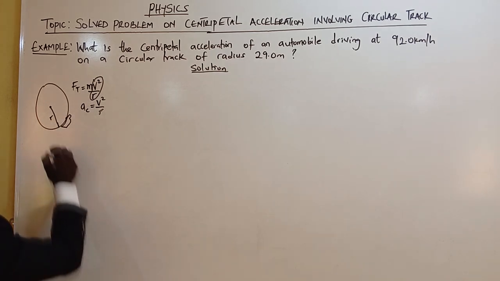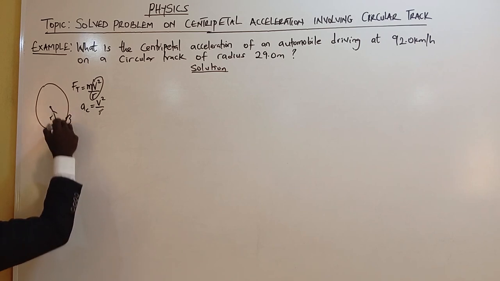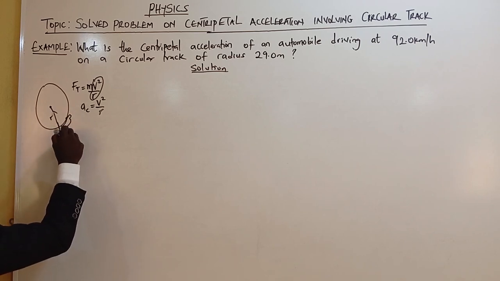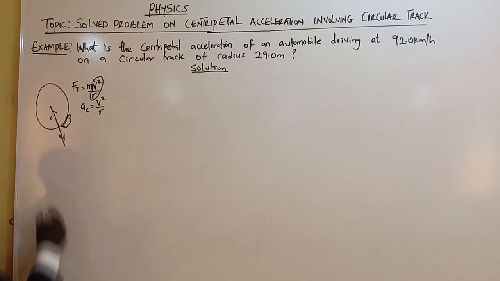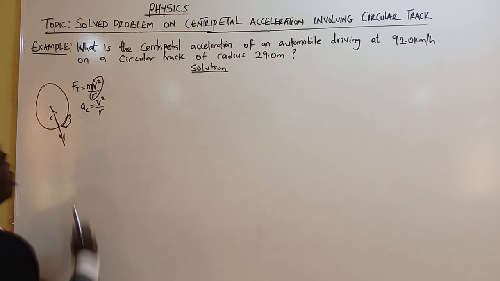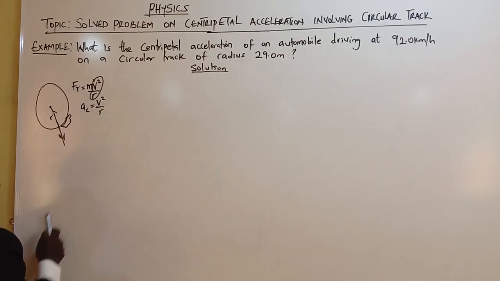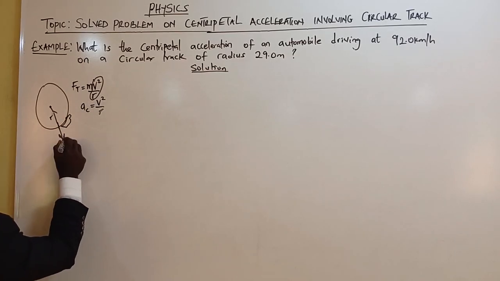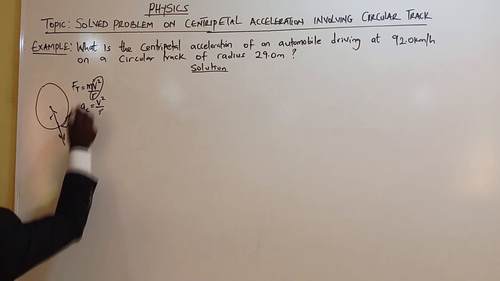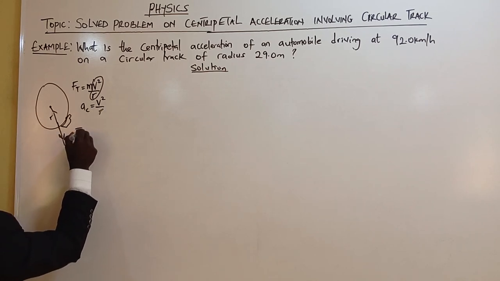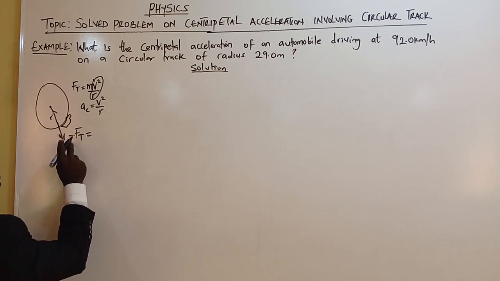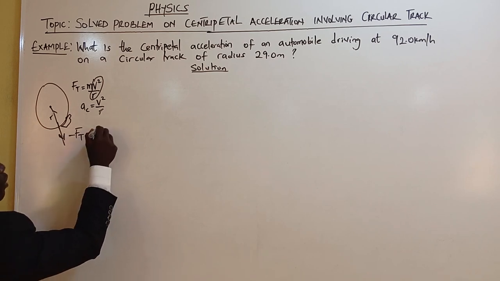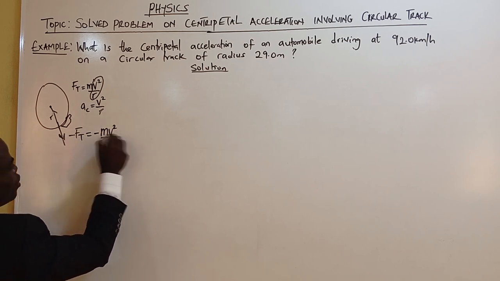And I told us there's another opposite force that is acting outward. We call it centrifugal force. It is the opposite of centripetal force. And when you solve it, you still apply the same formula, minus Fc. When we see minus, we know that is centrifugal force, which is minus mv squared over r.